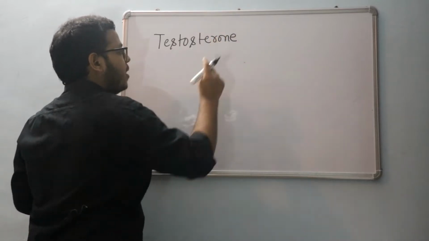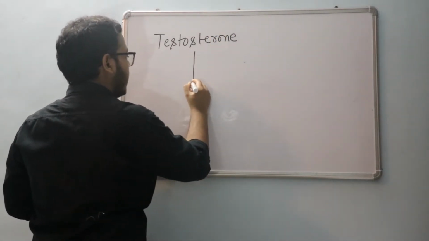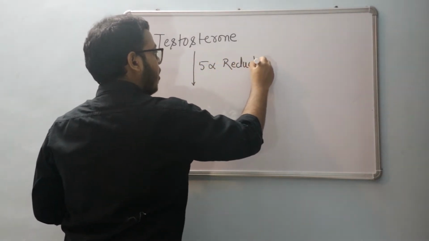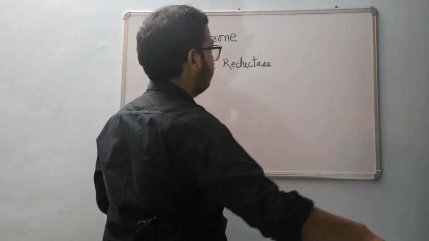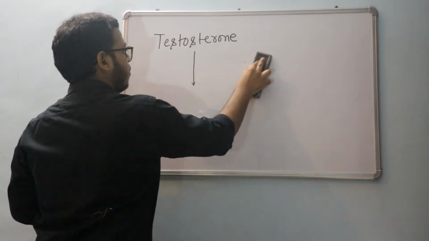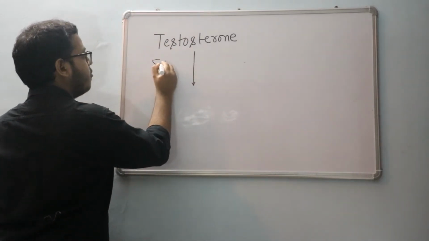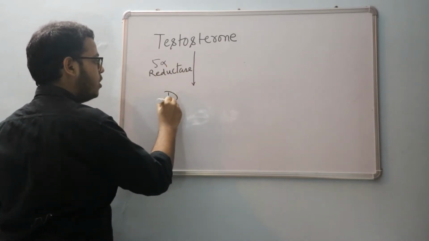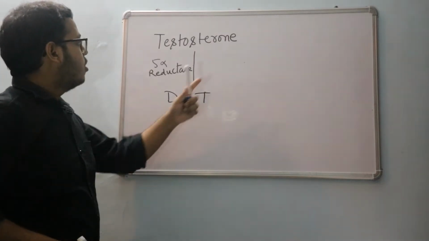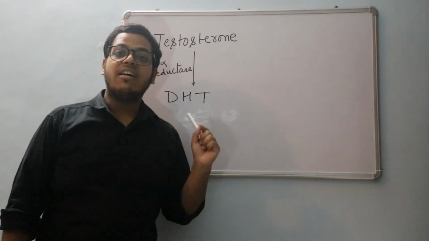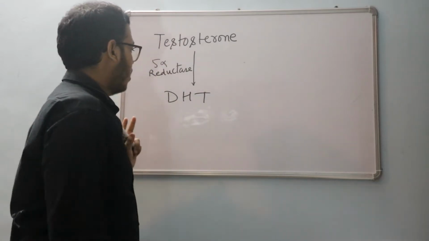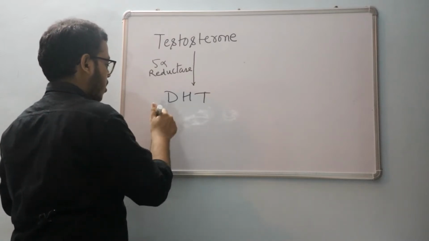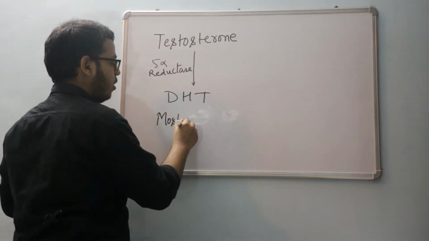What happens is, in the presence of an enzyme known as 5-alpha reductase, the testosterone converts into DHT, dihydrotestosterone. So testosterone forms DHT in the presence of the 5-alpha reductase enzyme, and this is the most potent androgen.